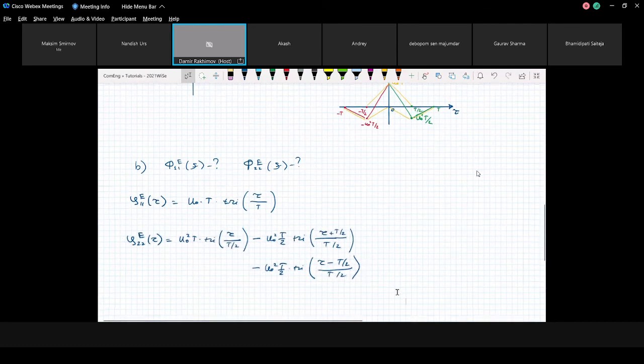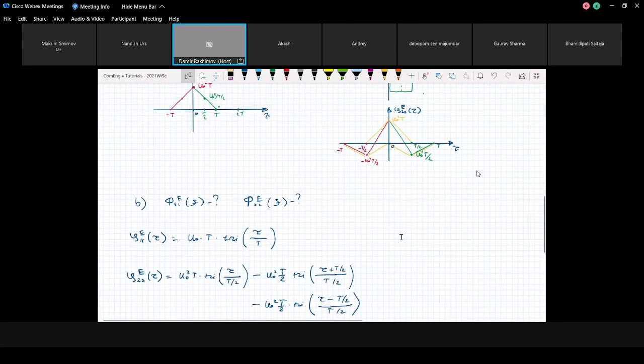Yes? Squared. Yeah, I forgot squared. This is how we write a triangular function.